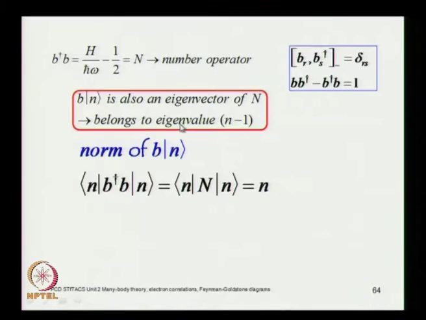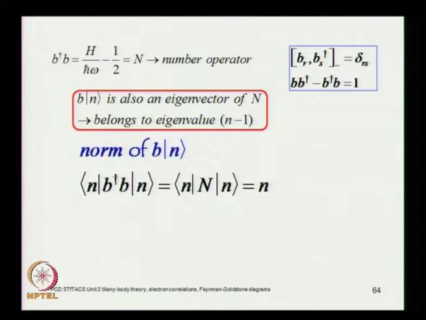You have got an orthonormal basis in the occupation number space, and the norm of b n will be b n projected on its adjoint vector, which is this. Now, b dagger b is the number operator. So, n operating on n will give you the number n times the eigenvector n, whose norm is 1. So, the norm of b n will be equal to n.